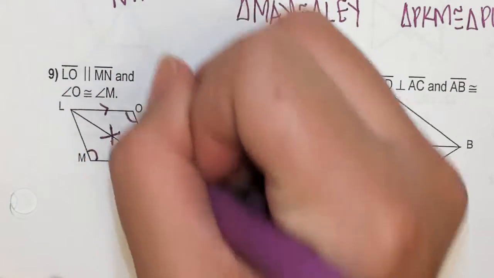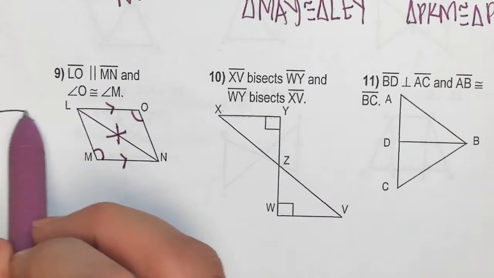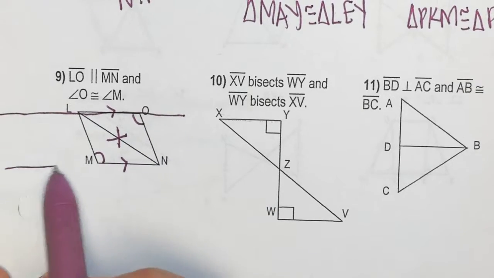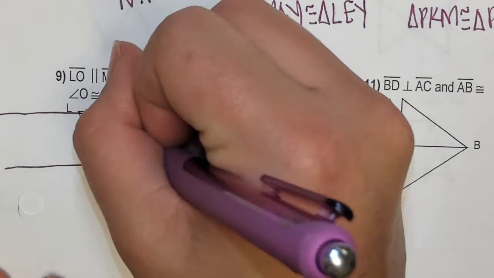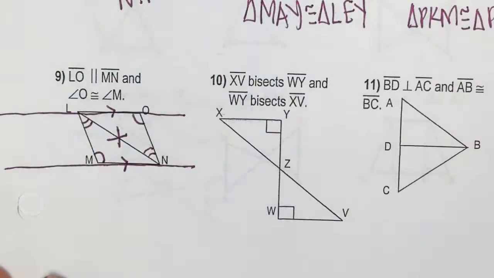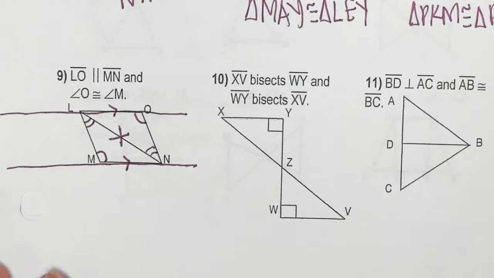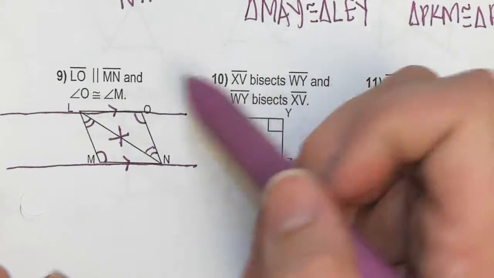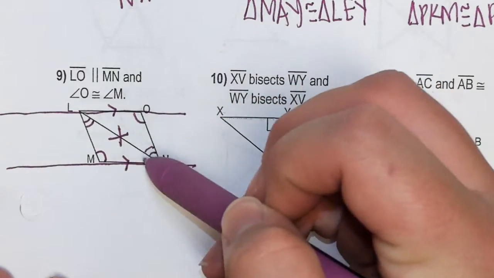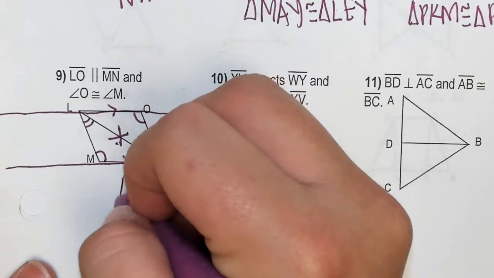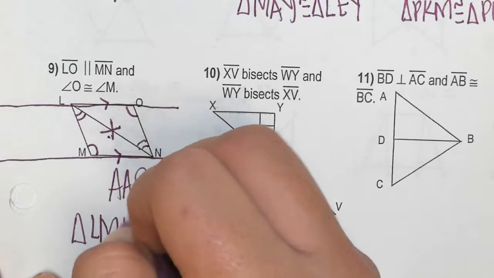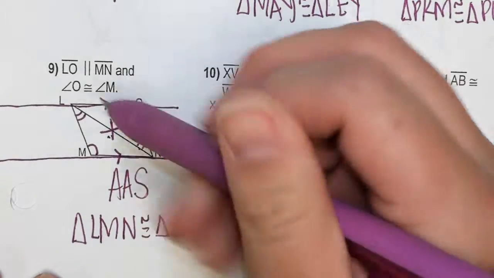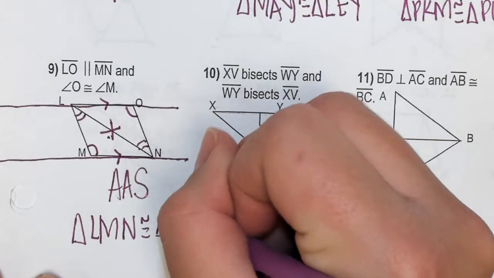Well, if LO is parallel to MN, this line is not congruent, but parallel to this line. Well, isn't this angle congruent to this angle? Alternate interior. Well, then I have angle, angle, side, and angle, angle, side. So, by the angle, angle, side postulate, we can say triangle LMN is congruent to triangle NOL.